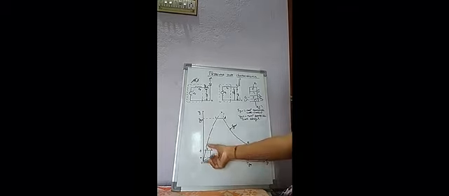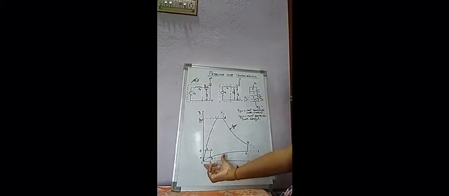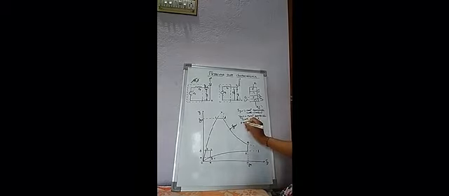So OY represents the minimum value for VG, OX represents the minimum value for IG. So you can write here OY, OX is equal to minimum VG and IG respectively.